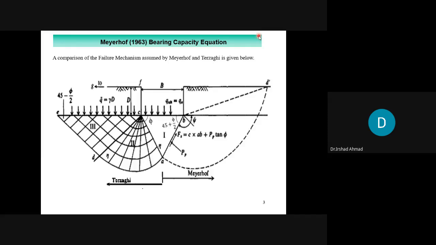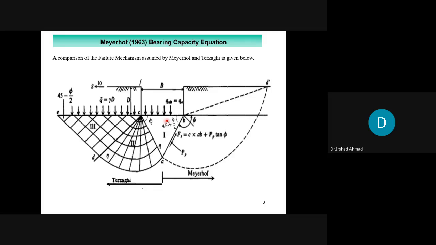Remember that when a vertical load is inclined, it has a horizontal component. So the Terzaghi bearing capacity equation is not applicable for cases where there is a horizontal load on the foundation or if there is a moment on the foundation. The Meyerhof bearing capacity equation has all these factors included. So we would now discuss the Meyerhof bearing capacity equation.